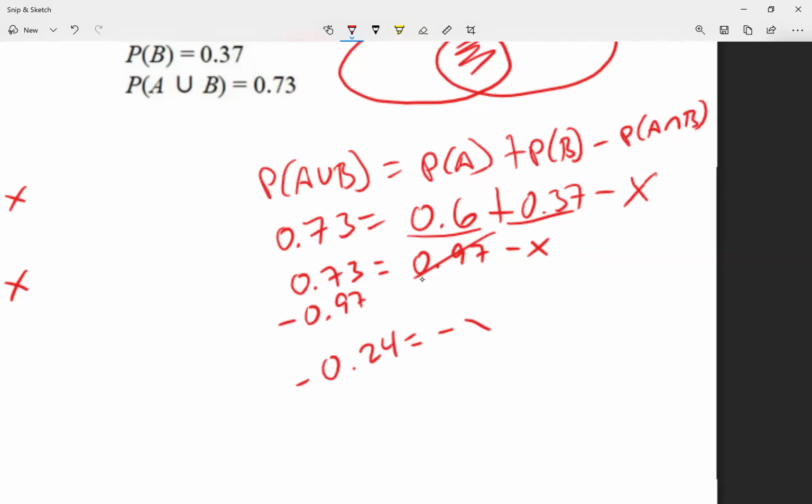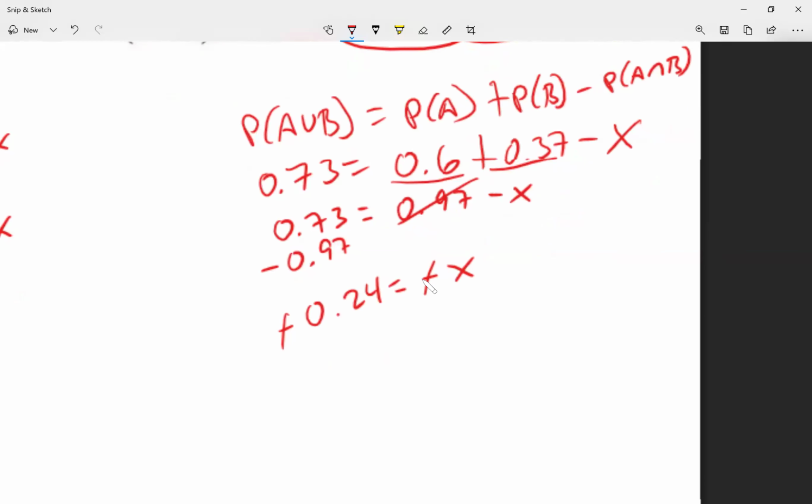It's equal to negative x. Okay, well, multiply everything by a negative, so the negatives become positive. So I have that x is equal to 0.24. There you go. I expected my answer to be between 0 and 1, so 0.24 makes sense.